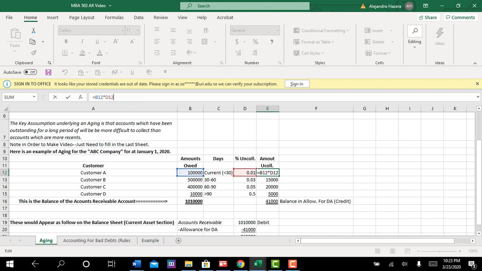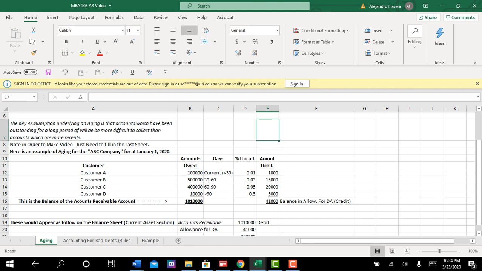Like I said, I'll send you the spreadsheet. So that's 100,000 times 1% gives you the 1,000 there. Since they're current, we only think there's a 1% probability, or in statistical terms, we expect that $1,000 will not be collected.